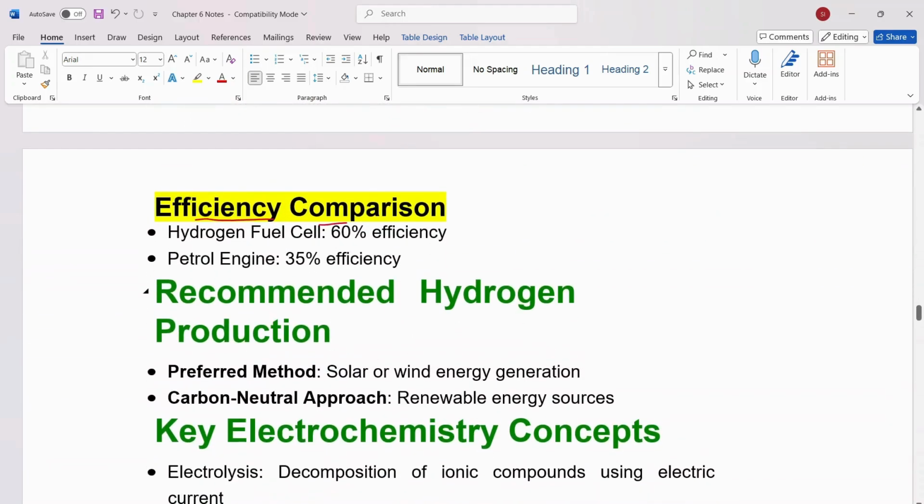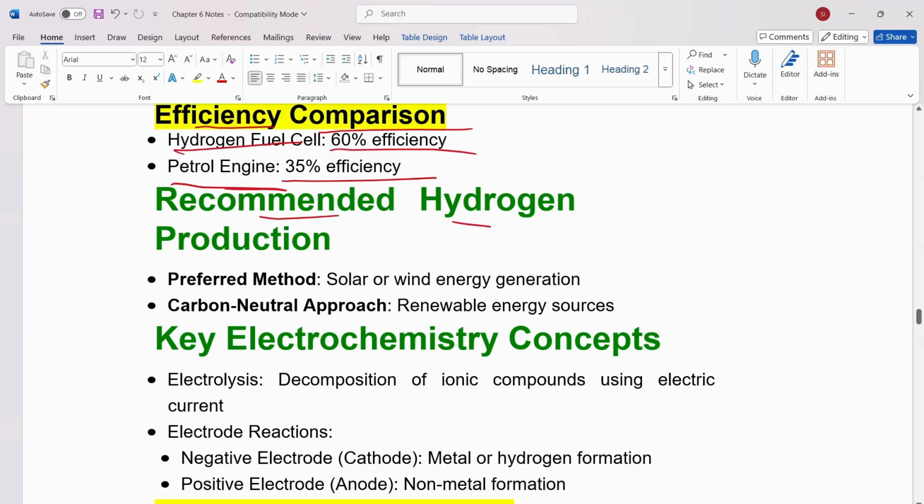Now, if we talk about efficiency, hydrogen fuel cells are 60% efficient as compared to the petrol engine, which provides 35% efficiency. The recommended preferred method of hydrogen production is solar or wind energy generation, a carbon neutral approach using renewable energy sources.